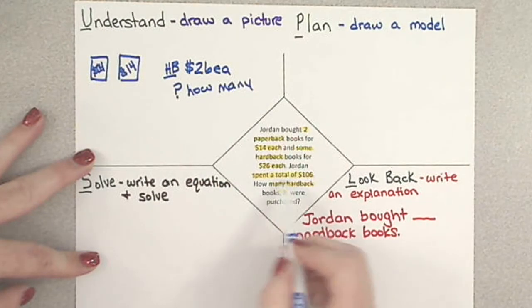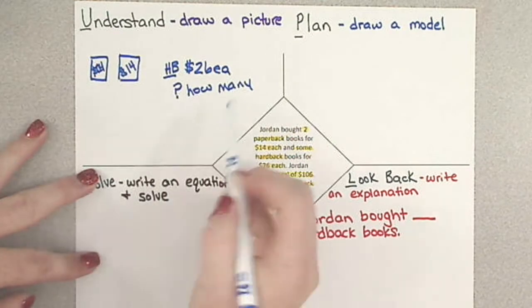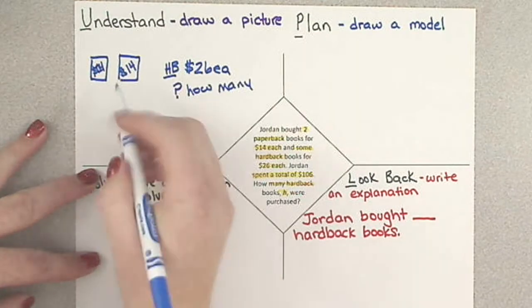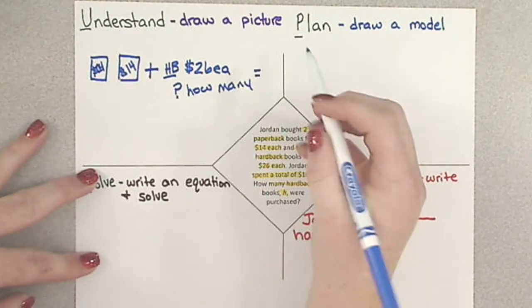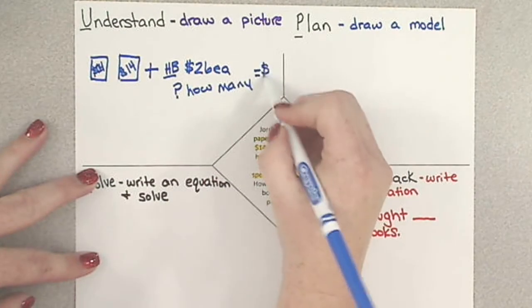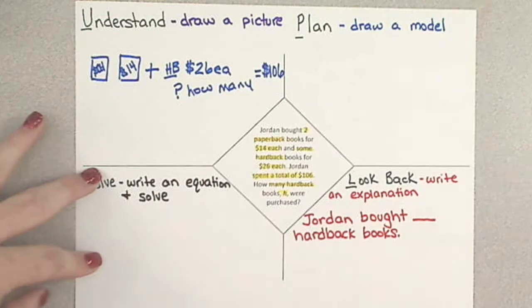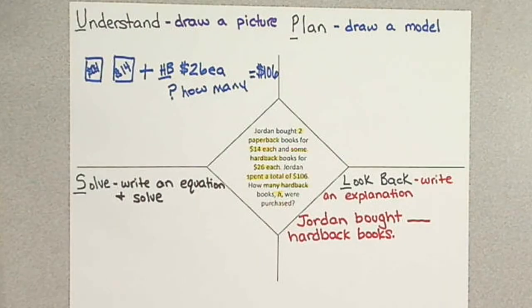We do know that he spent a total of $106. So I'm going to put a plus sign between these two, and then it equals $106. Okay. So I'm going to make sure that I have all the information.